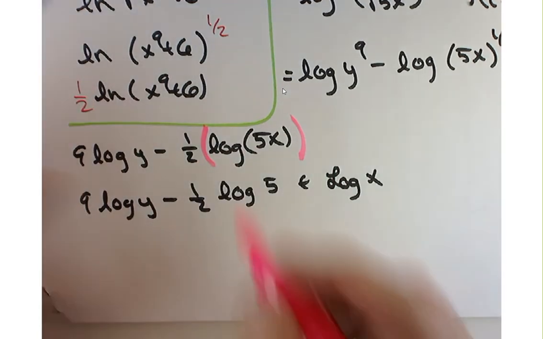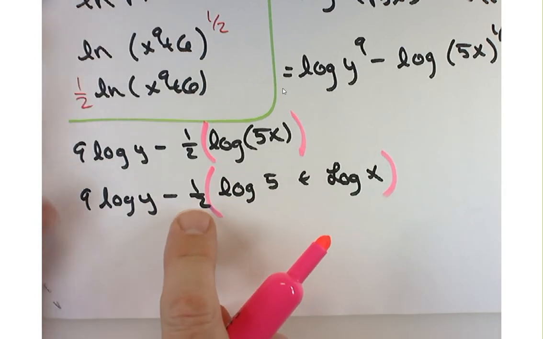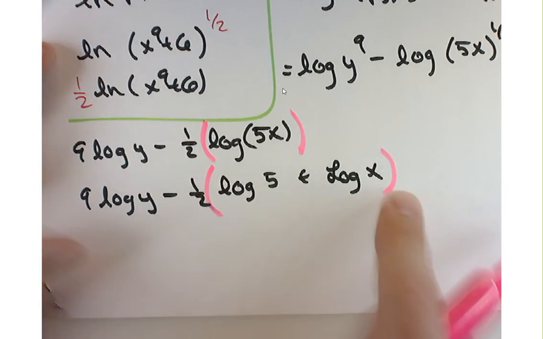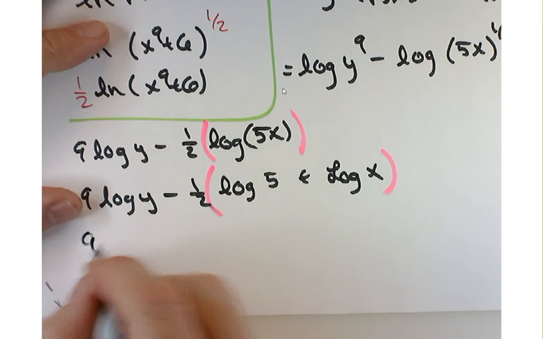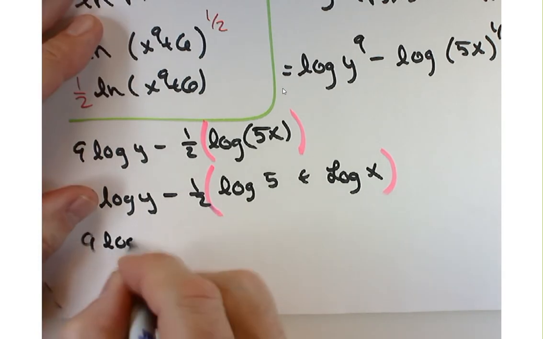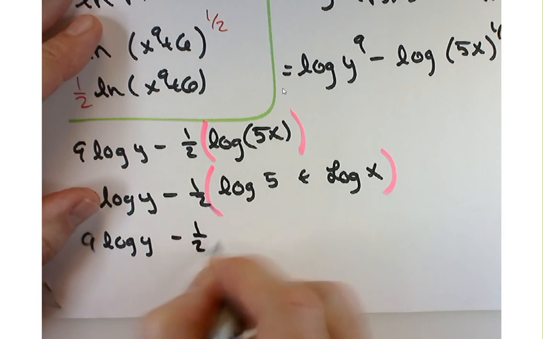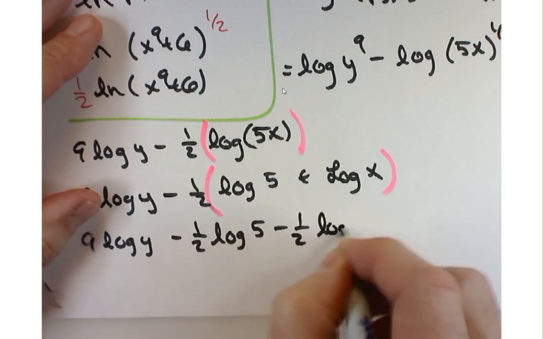And that means when I expand this, the parentheses are still here. And that means I need to write this as negative 1/2 times there, or if I wanted to write it without parentheses, it'd be 9 times log of y minus 1/2 log of 5 minus 1/2 log of x.